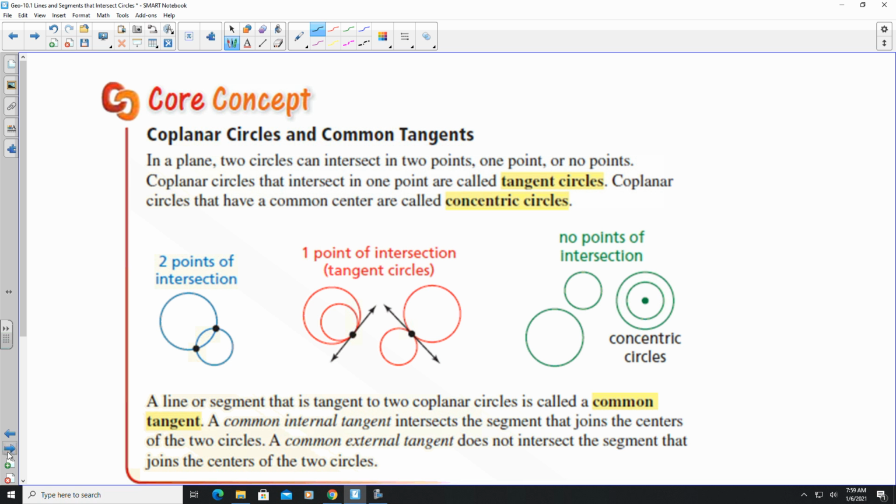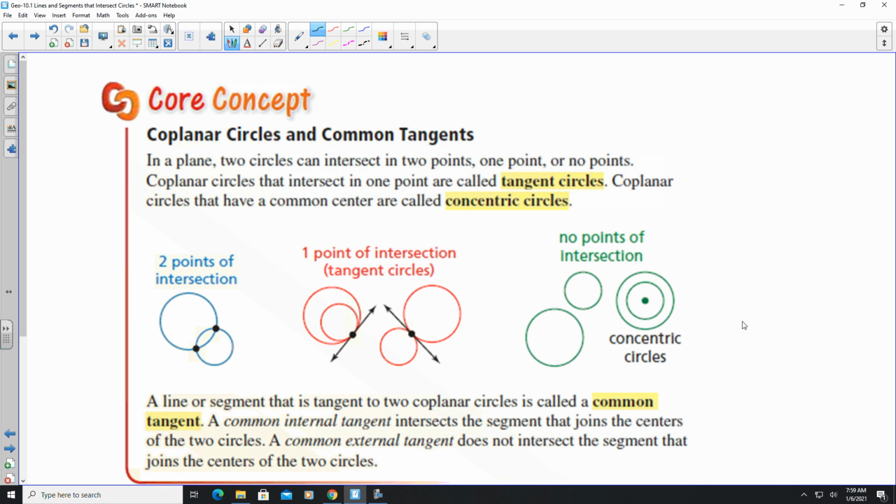If everything's all on the same plane, that creates an element where things can be intersected, and then we can create tangencies from that. Looking at the diagram, the blue, red, and green circles, what they're talking about is different ways two circles can interact.